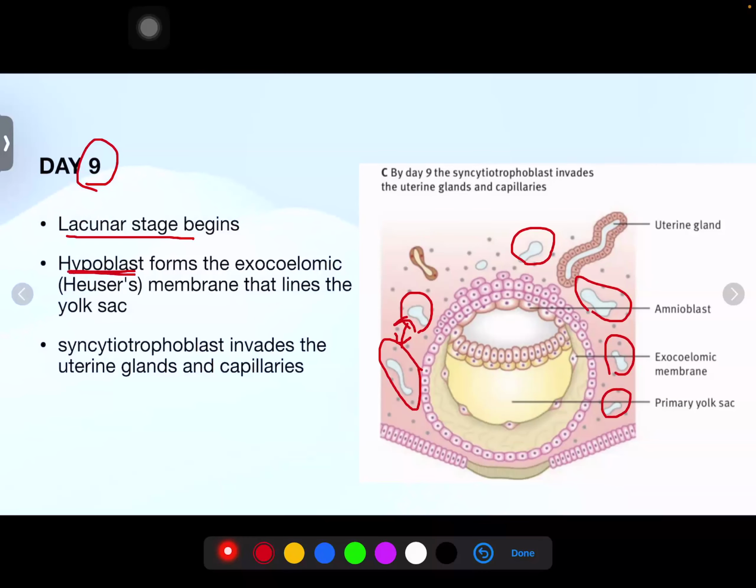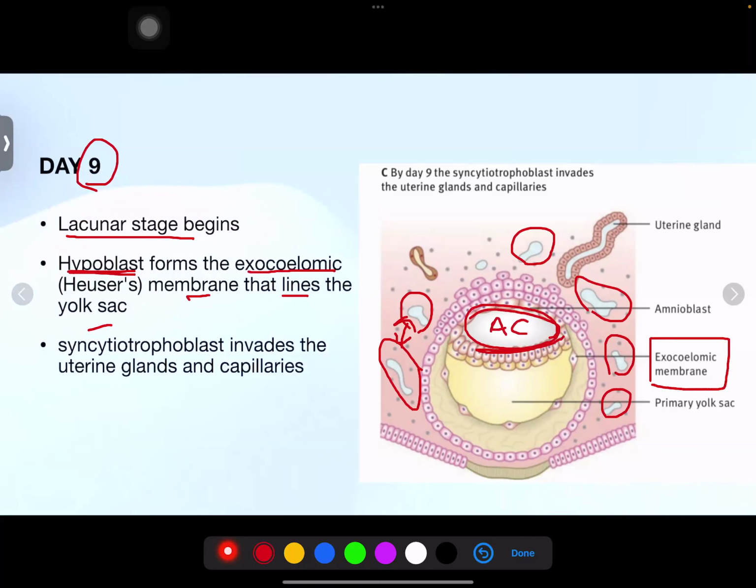The hypoblast forms the exocoelomic membrane that lines the yolk sac. If you see, this is the membrane. If you remember it like this, the epiblast was the upper layer and it forms an upward cavity. That was the amniotic cavity. Now, below is the hypoblast, which will be lining the lower cavity.